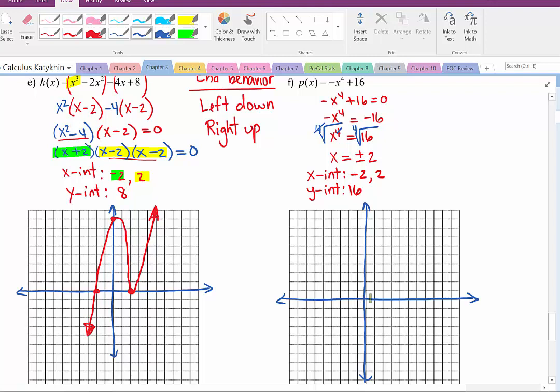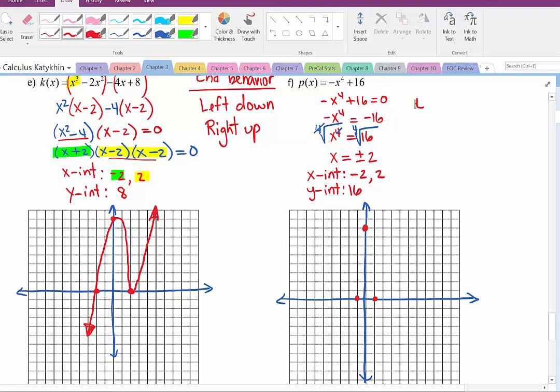Rather than making it 1 unit, I'm going to make it 2. So my x-intercepts will be at positive 2 and negative 2, and my y-intercept is going to be at positive 16. So that will be 2, 4, 6, 8, 10, 12, 14, 16.